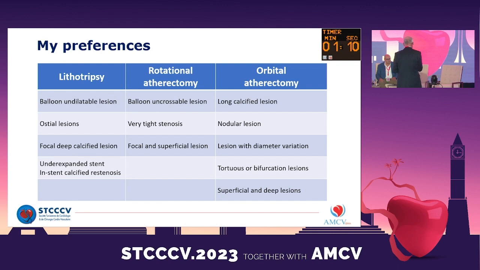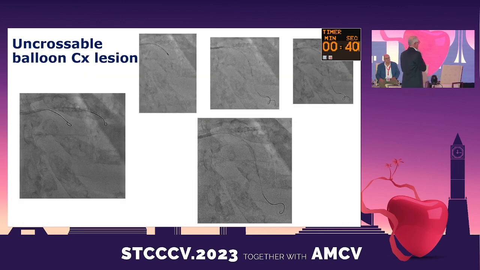Orbital, very interesting in a long calcified lesion with a different diameter from the proximal and the distal part, because with the 1.25 millimeter crown, you can treat the lesion from 2.5 millimeter to 4 millimeter. I think it's very safe in tortuous vessel, and of course with a superficial and a deep action, I think it's very interesting.